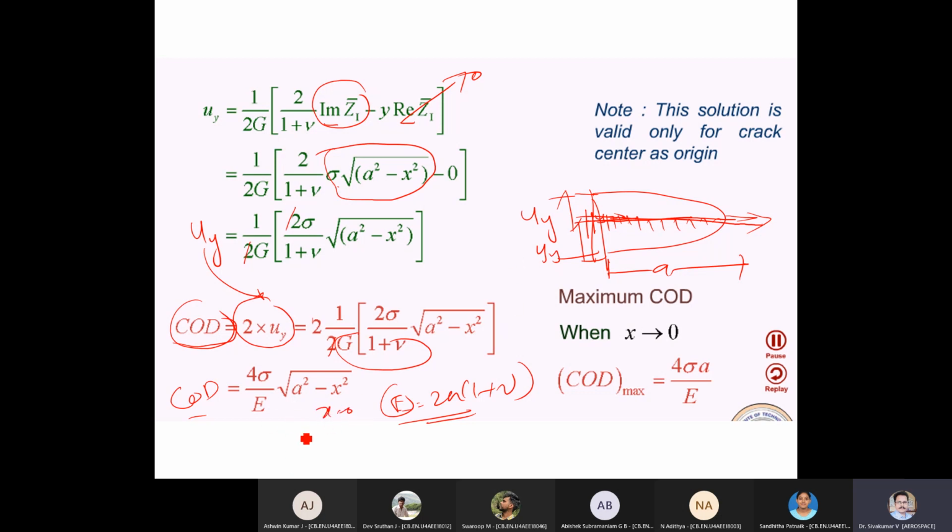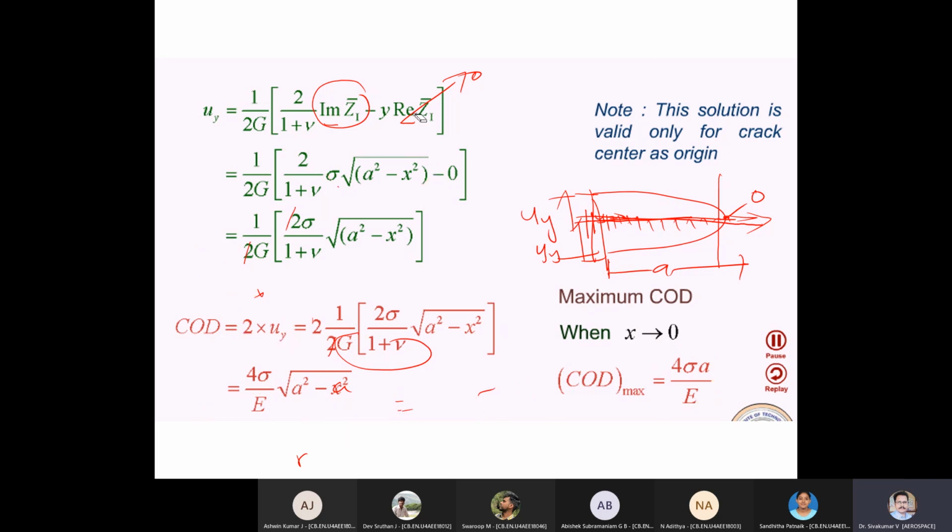I will get the maximum, isn't it? 4 sigma a by E. At the crack tip it means 0, because the displacement is 0. Y is 0. You can see here, this becomes a, everything will go to 0. So this is COD, crack opening displacement.